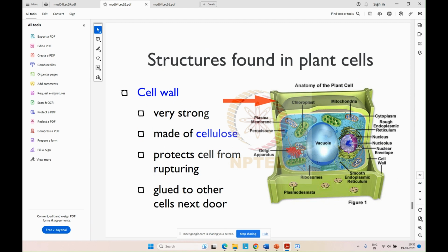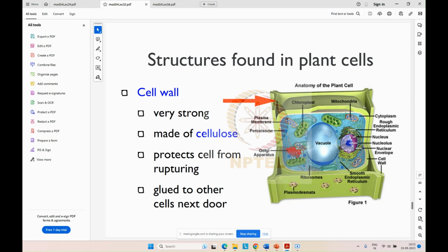Now, apart from these basic organelles, there are other parts of the cell. Cell wall is one of them, and in the case of plant cells, the major component is usually cellulose. In the case of fungal cells, a major component is chitin.